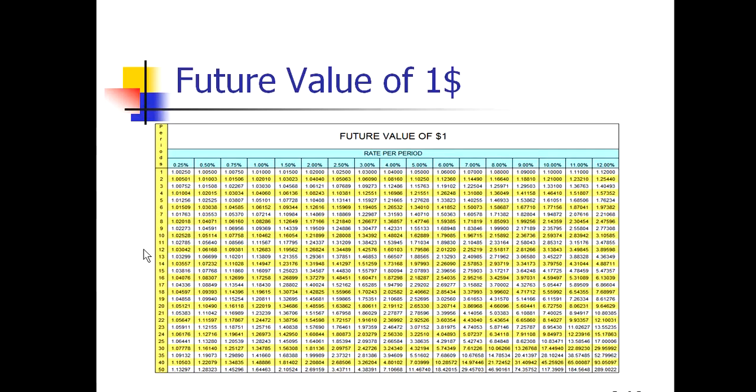For example, relating to our example, if you have deposited $100 for 3 years, we come here. Here is the number of years, and here are the rates of interest. For example, 3 years, 10%. We will multiply the present value by this number, then we will get the answer.